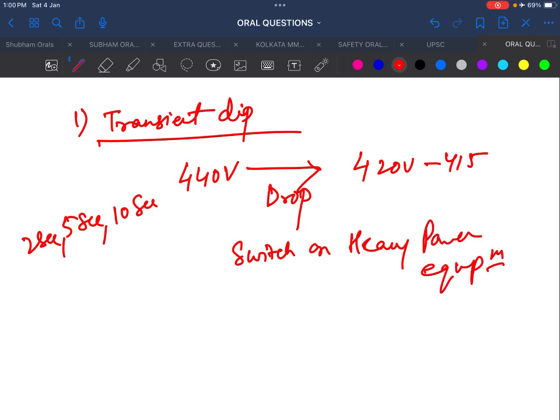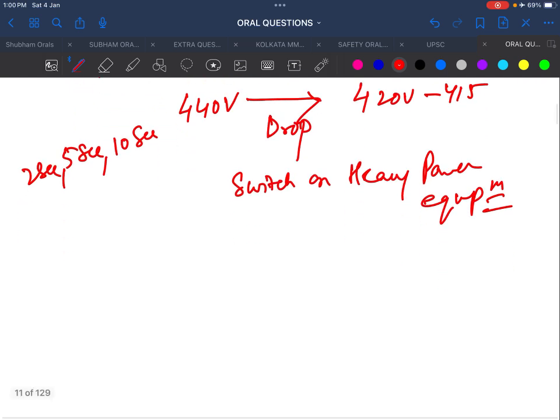So when you switch on heavy power equipment, there is a certain voltage dip, and the AVR must compensate this voltage dip. AVR, the automatic voltage regulator. The main function of the AVR is to maintain a constant voltage.